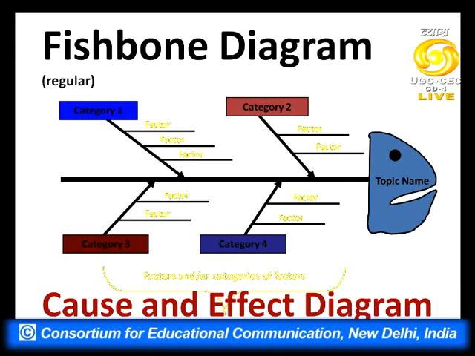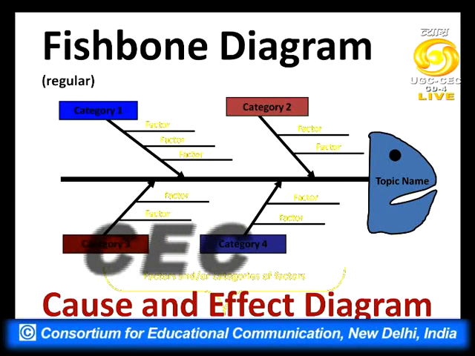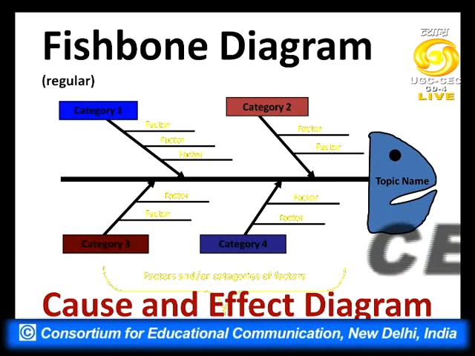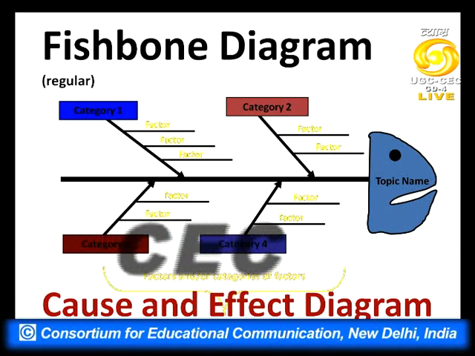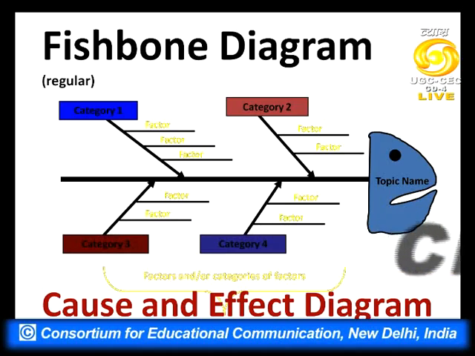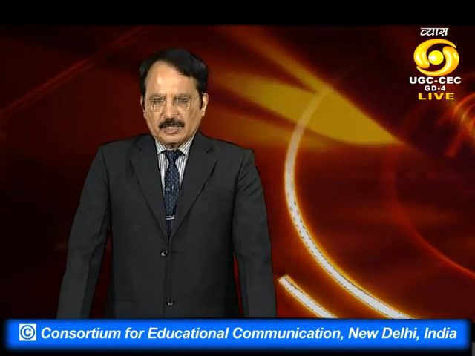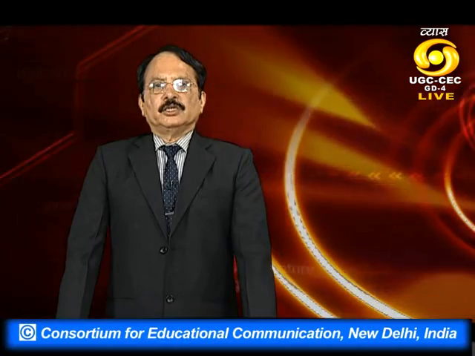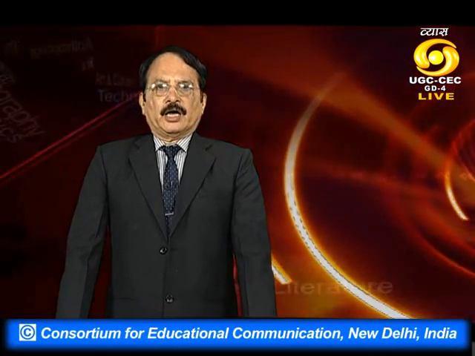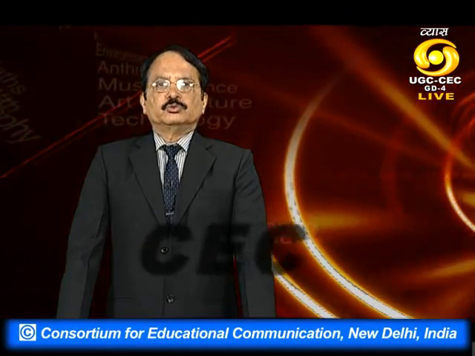Then we identify those only points which need rectification. For this, we brainstorm, we make the affinity diagram, we find the solution to the problem, we implement the solution, and finally the problem is over. This is also known as fishbone diagram, cause and effect diagram, also known as Ishikawa diagram. Ishikawa is a person who has given the idea of this cause and effect diagram.